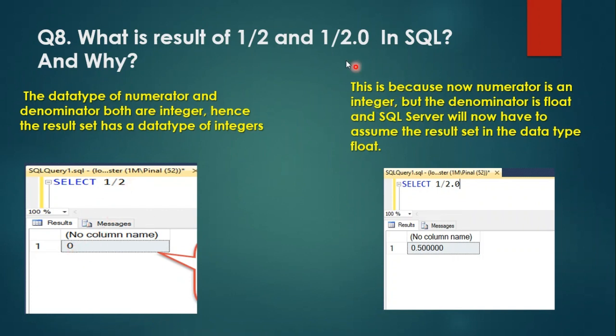On the other side, if we divide 1 by 2.0, the numerator is an integer but the denominator is a float data type, 2.0. So the final result will be float. Okay, so 1 divided by 2.0 is 0.50.